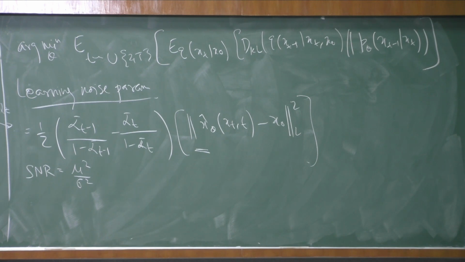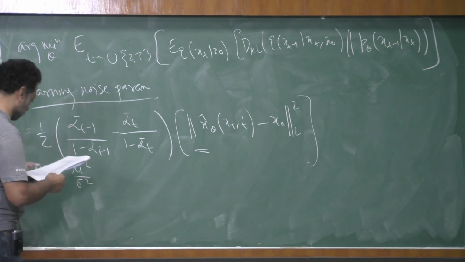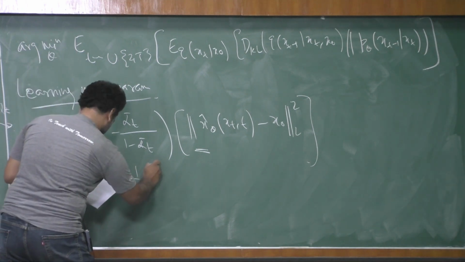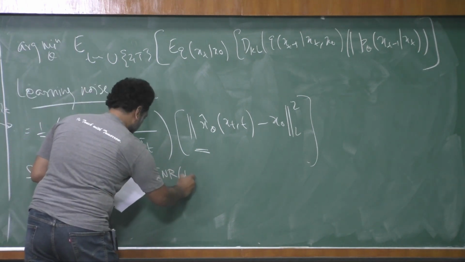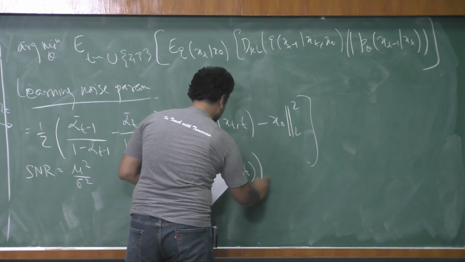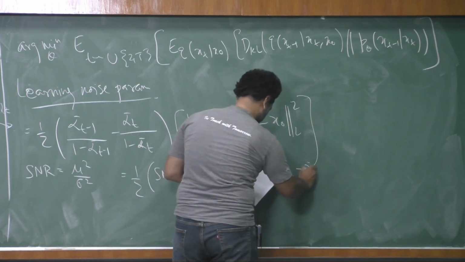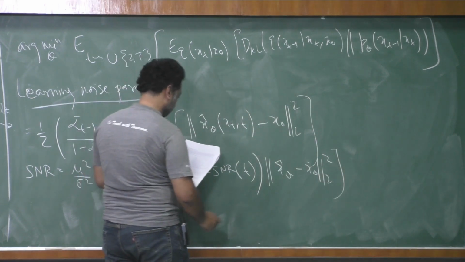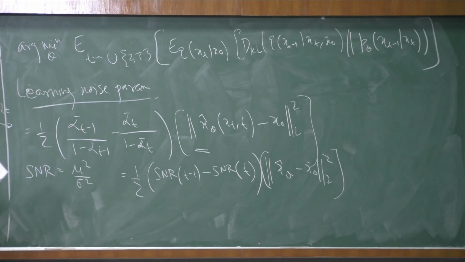So basically, we have a difference of these SNRs. So this can be written as half of SNR of t minus 1 minus SNR of t, times x hat theta minus x naught. This was the view taken by Kingma in, I believe, a 2021 or 2022 paper.